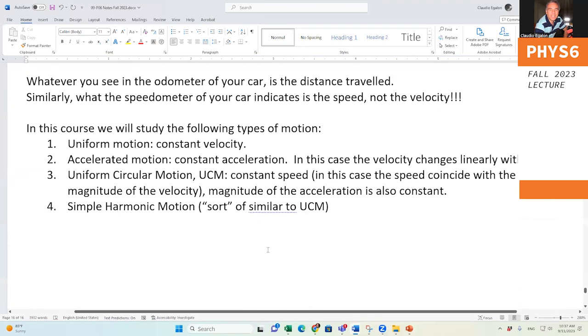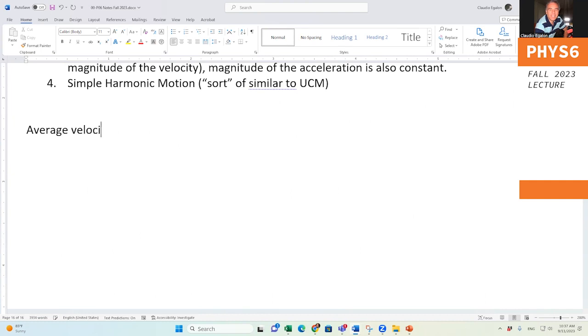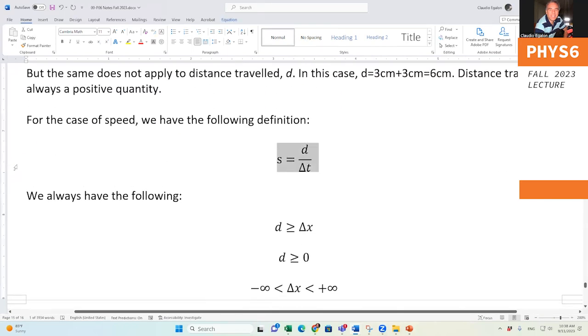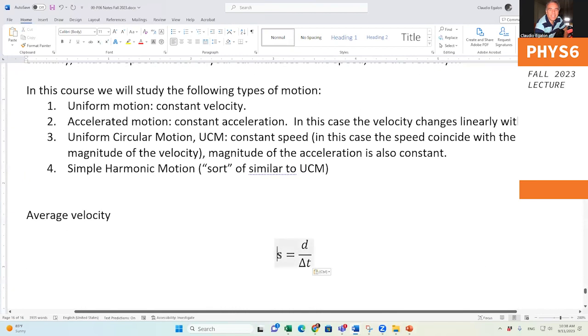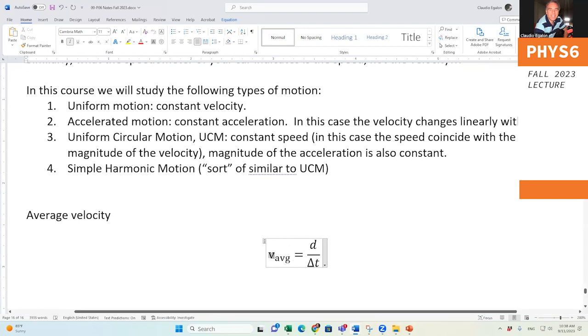What is acceleration? Now we have called that average velocity. Average velocity is what you saw before. Average velocity, AVG, is delta x over delta t.